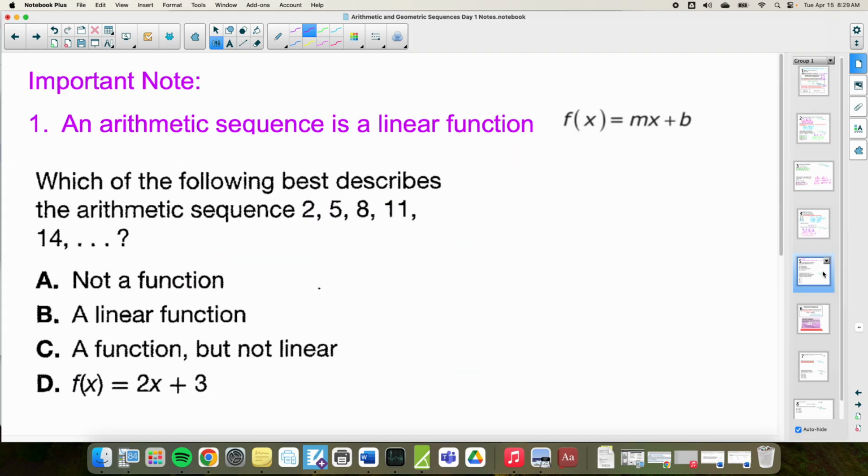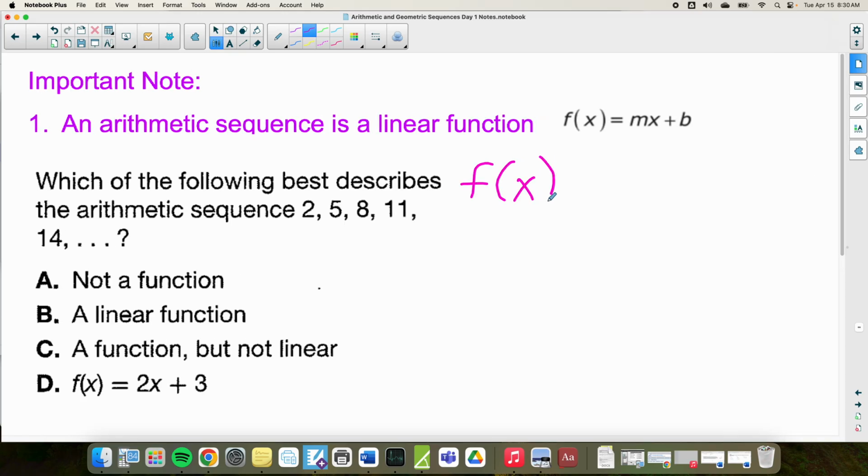Then for this one, it says, which of the following best describes the arithmetic sequence 2, 5, 8, 11, and so on? Okay, so first of all, when you have a sequence like that, it is going to be a function, and you can tell that because this means a function of x.